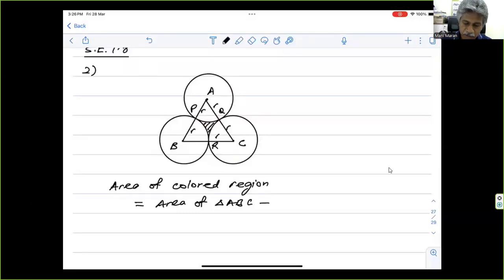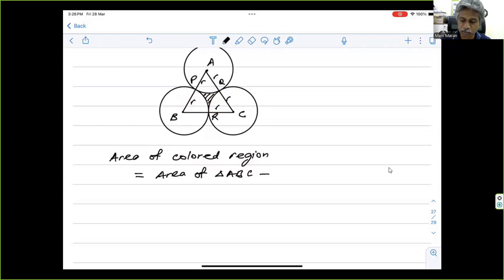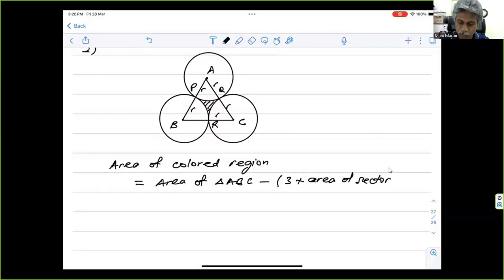You can see there is one sector here, one sector here, another sector here. But the three sectors are identical, because all three coins are the same. So we just put here 3 times the area of a sector. We can take any one of the sectors, and because the three sectors are the same, we put APQ.